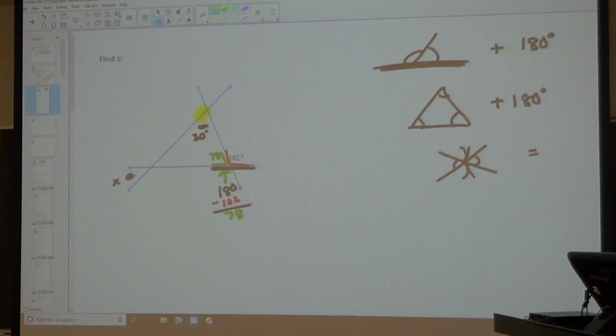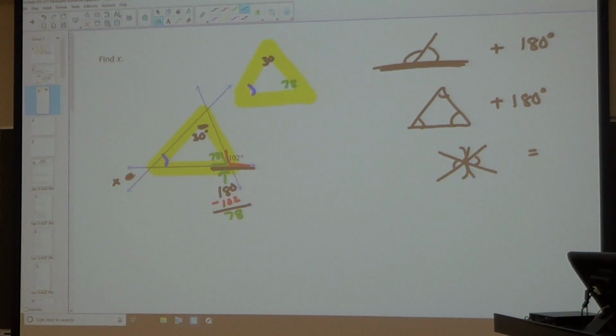Now we're inside a triangle. So I'm going to come up here just to show you the triangle. You have 30 degrees up here, you have 78 degrees right there, and now we're searching for this angle. Which of those three am I using? The second one, the triangle rule.